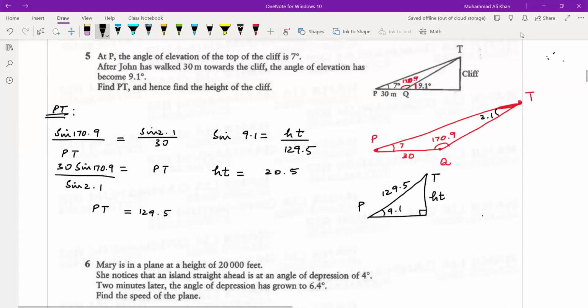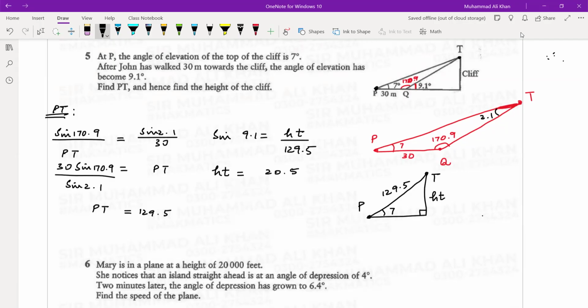Okay, students, there is a confusion here. If this point is P, this is T, and this is the height of the cliff. So the point P is here, the point T is here. We have to use the angle which equals 7 degrees, not 9.1. Mistakenly, we used 9.1 degrees.